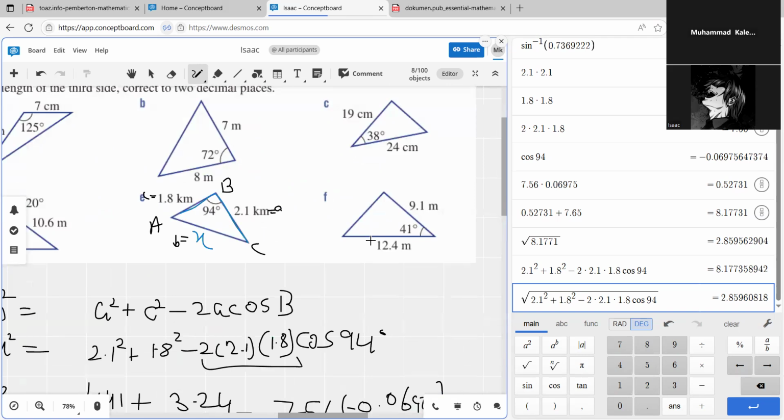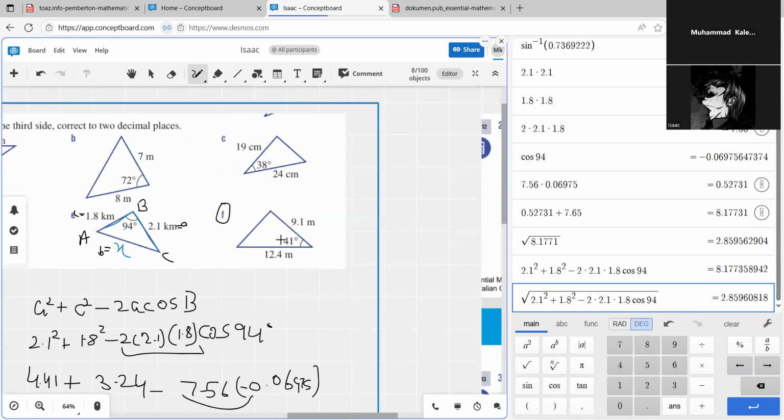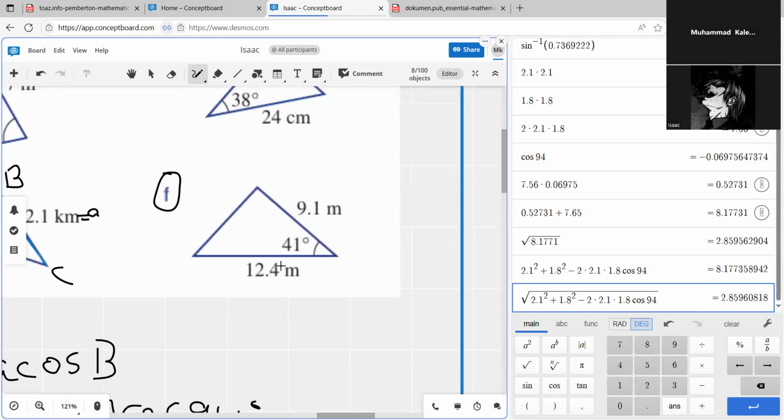Okay, let's practice. Let me look. You have to practice this one. Okay. I will tell you the answer, but I will not solve it here.